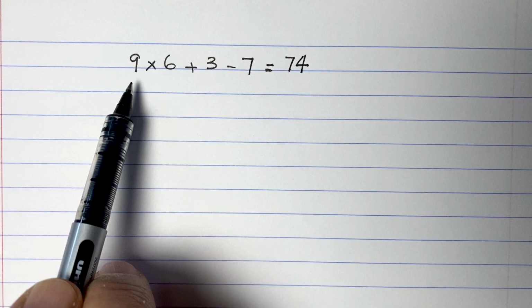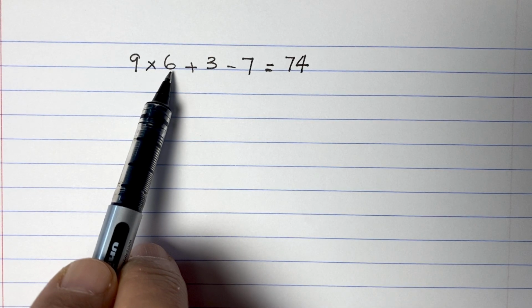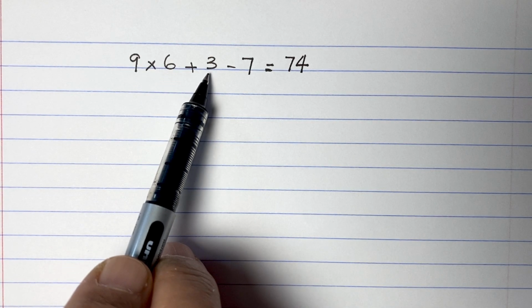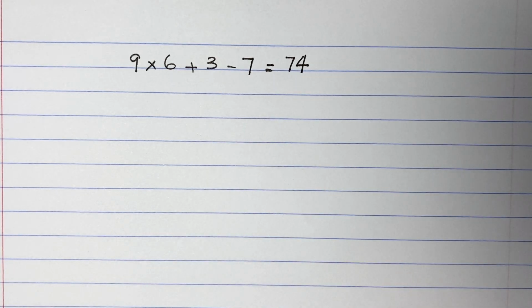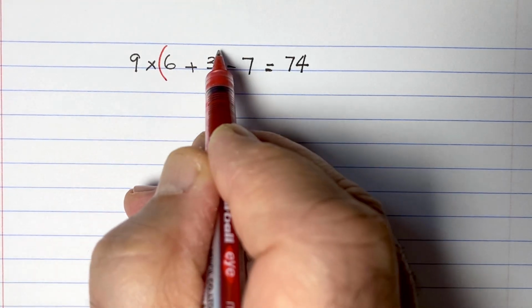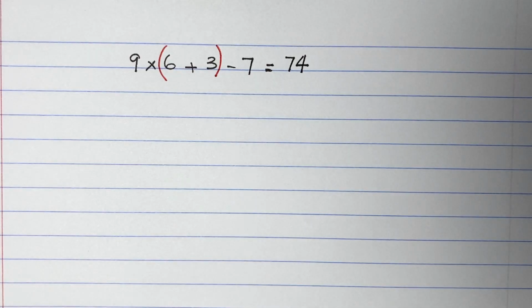Because if I don't use brackets, this would be 9 times 6, 54. Add 3, 57. Remove 7. It's going to be 50, not 74. So if I put the bracket here, then it will work.